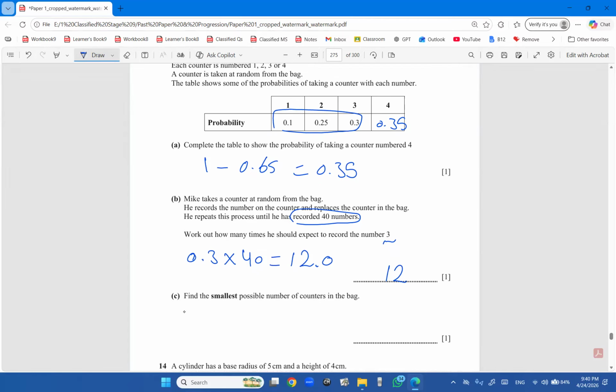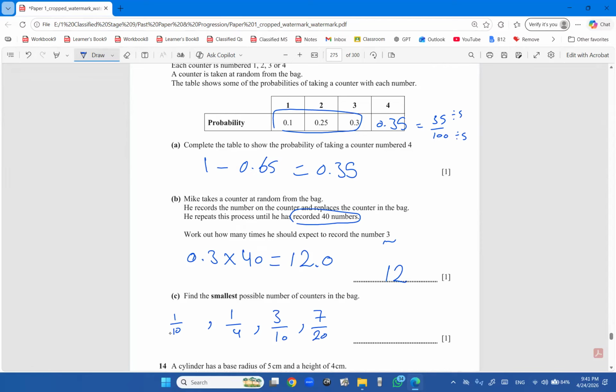The probability of the 1 is 1 over 10, the 2 is 1/4, the 3 is 3 over 10, and the 4 is 35 over 100. In simplest form, you divide by 5 and by 5, which gives 7 over 20.